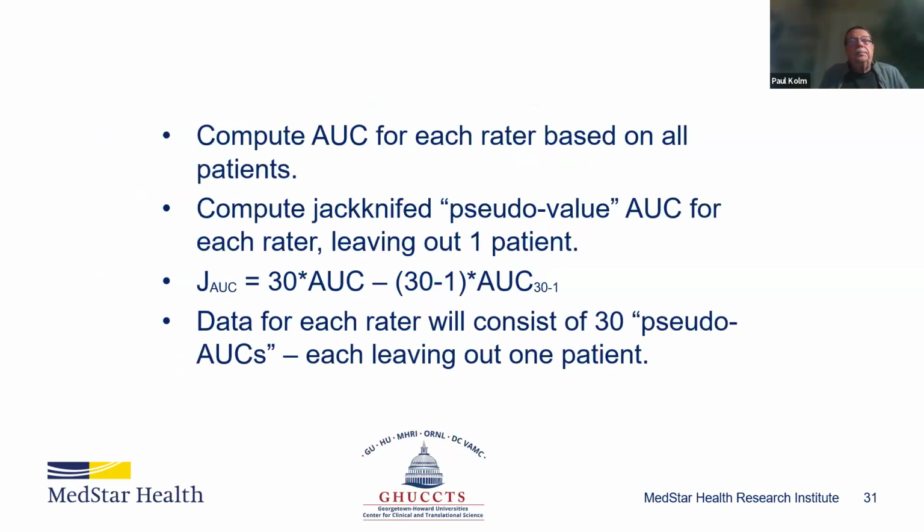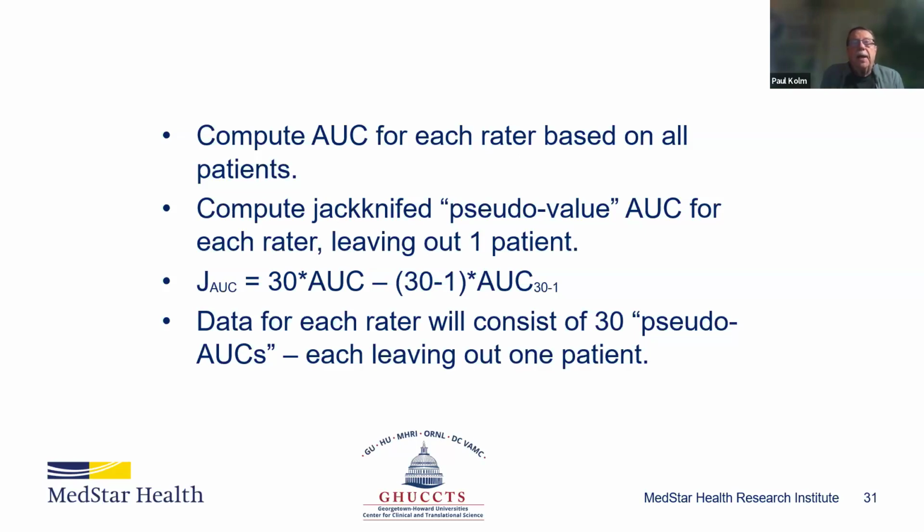And so how we're going to do that is we're going to jackknife an AUC for each rater, leaving out one patient. And so the data for each rater will consist of 30 pseudo AUCs, each leaving out one patient.